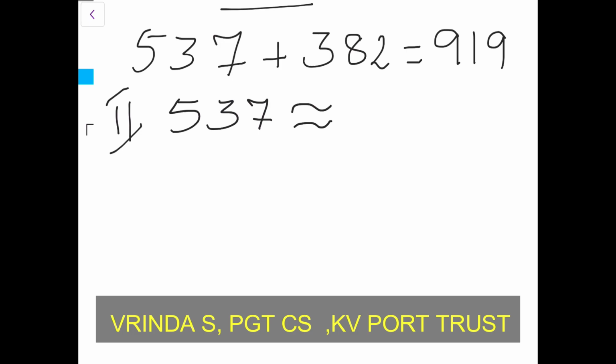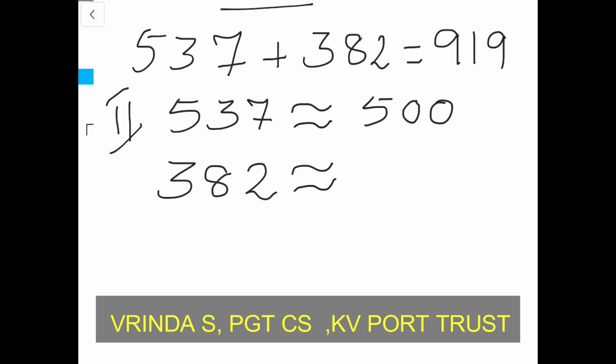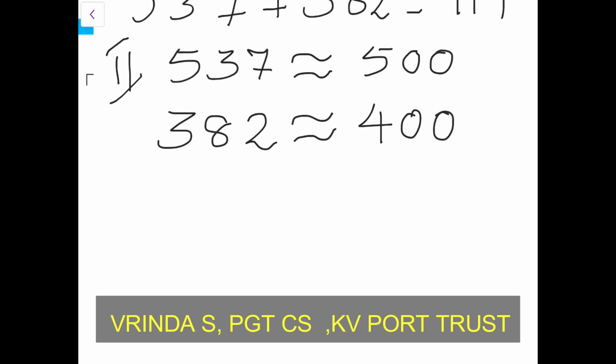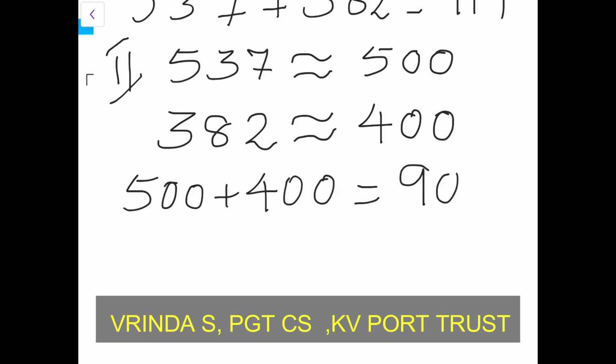So we can say it is 500 because it is below 550 and it is more close to 500. And what about 382? This is more close to 400 than 300. So we will approximate it to 400. Now let's calculate the value 500 plus 400. It is equal to 900.